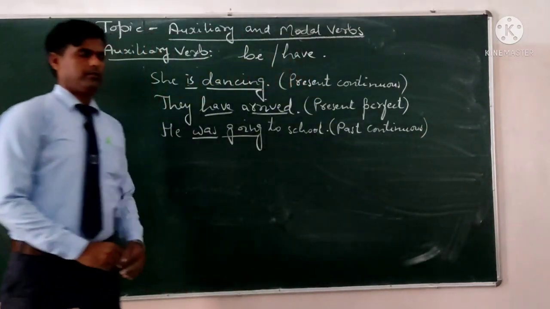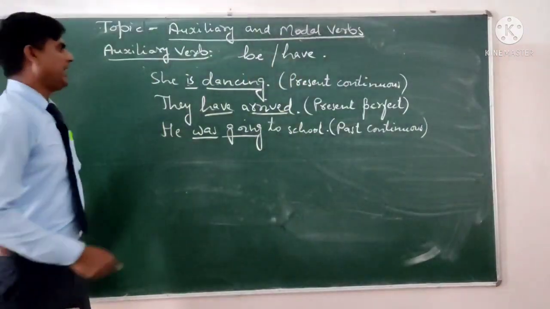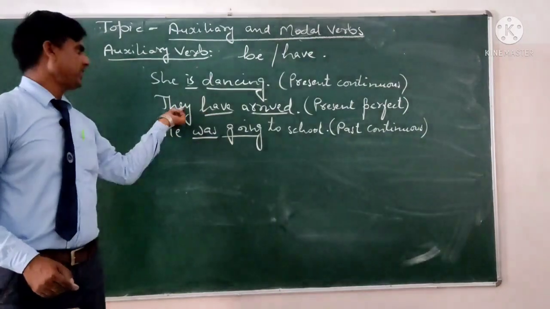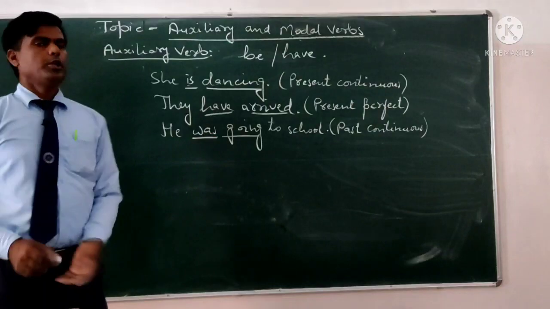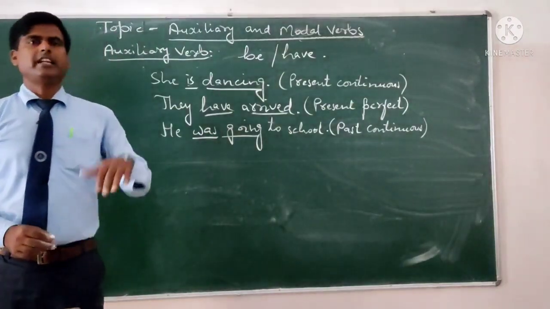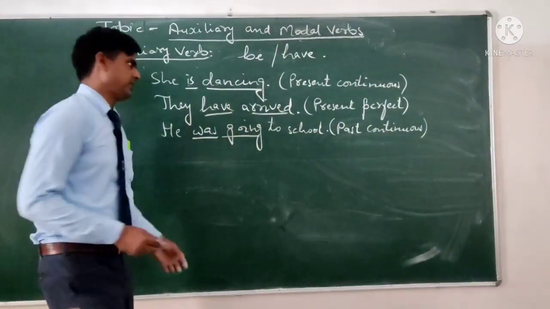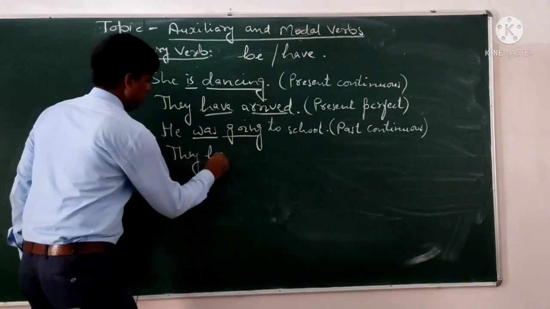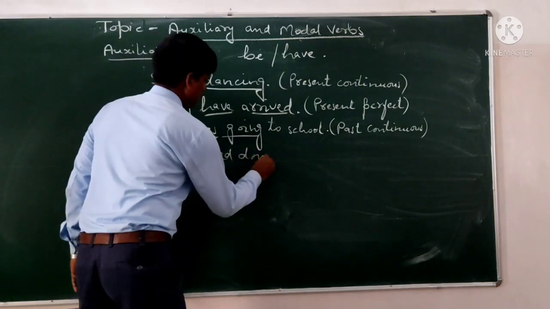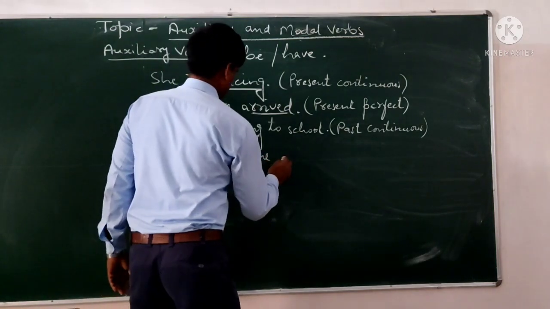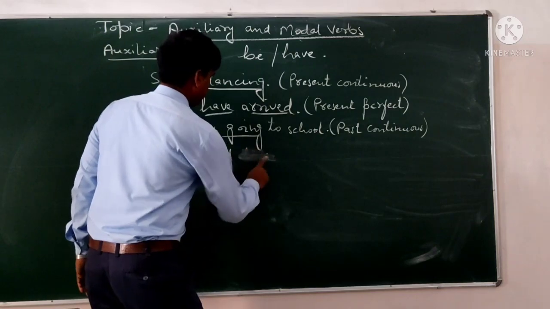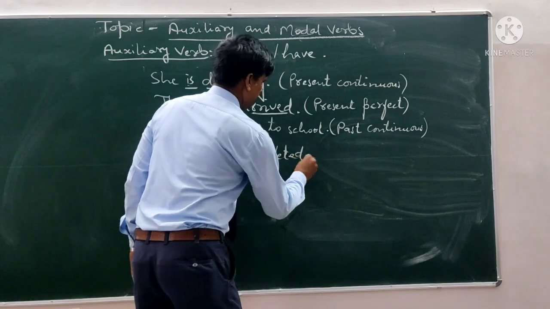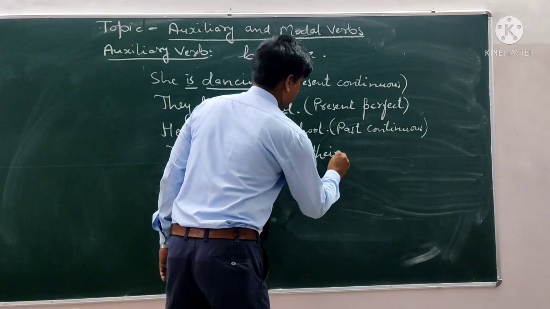In the same way, we can use has or had. If the subject is singular, we can use has, and if we are going to use past tense, then we can use had in past perfect tense. For example, they had completed their work.